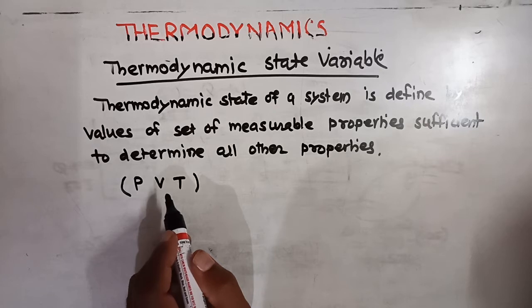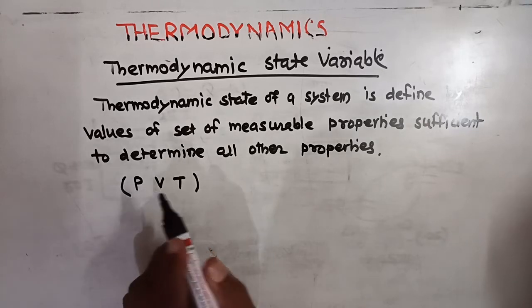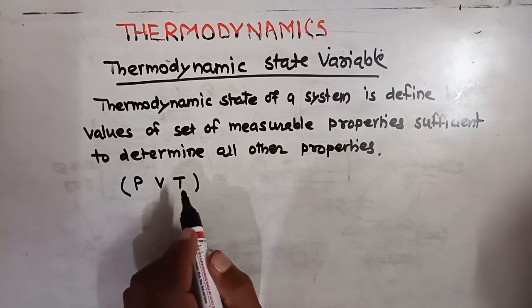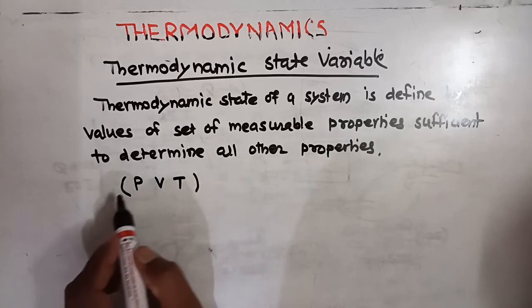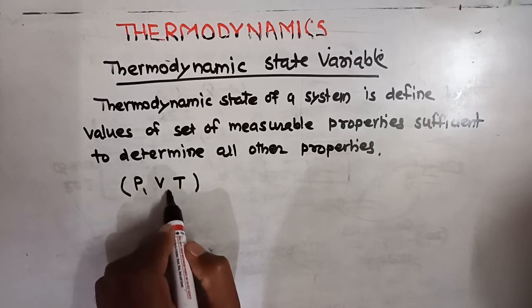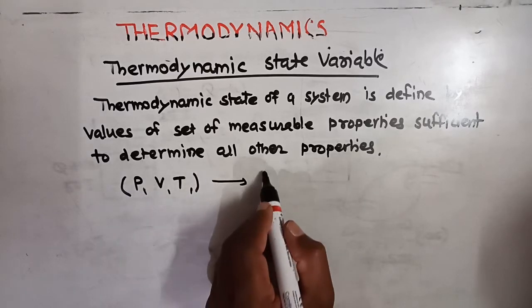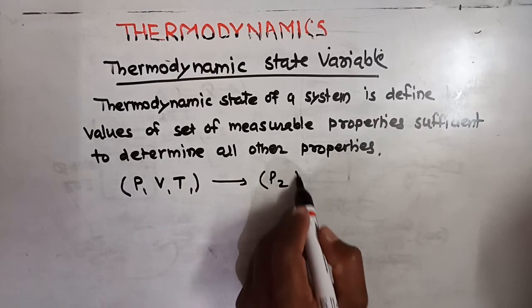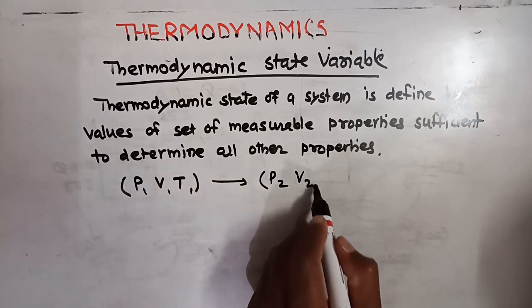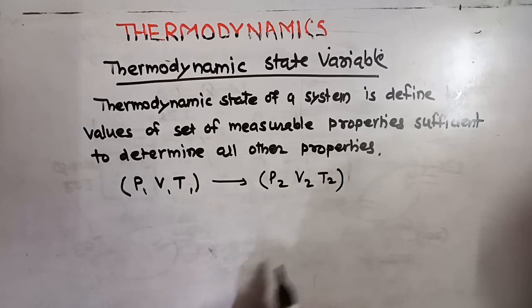Okay, so this is the thermodynamic state. Suppose this is the initial thermodynamic state, and the system changes from this state to another state having pressure P2, volume V2, temperature T2.